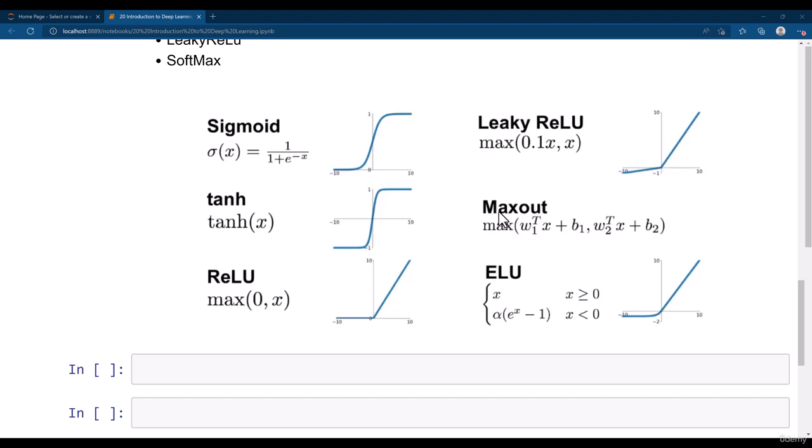Then there is the maxout function. It has the transpose of weight 1 times the input plus bias 1, and the transpose of weight 2 times the input plus bias 2. So it is something like that, where there are two weights, which multiply the input, then the biases are added, and then it takes the maximum of whatever comes there.